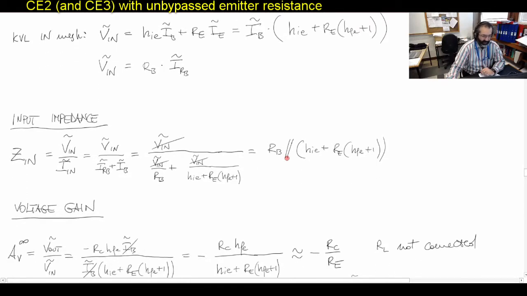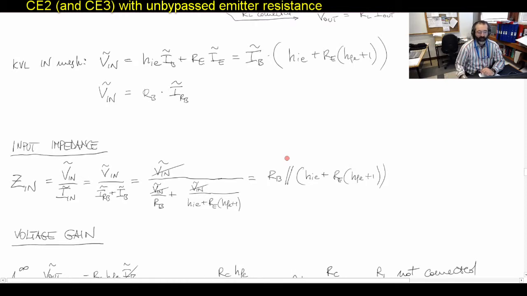The input impedance would now be RB in parallel to HIE plus RE times HFE plus 1. When CE was in the circuit, the input impedance was RB in parallel to HIE. Now we see that RB is in parallel to HIE plus RE times HFE plus 1.